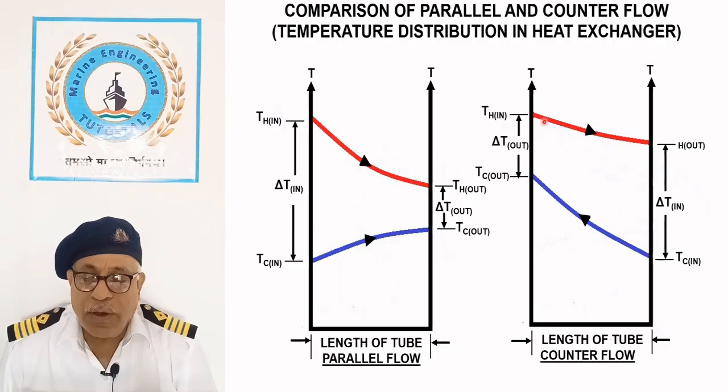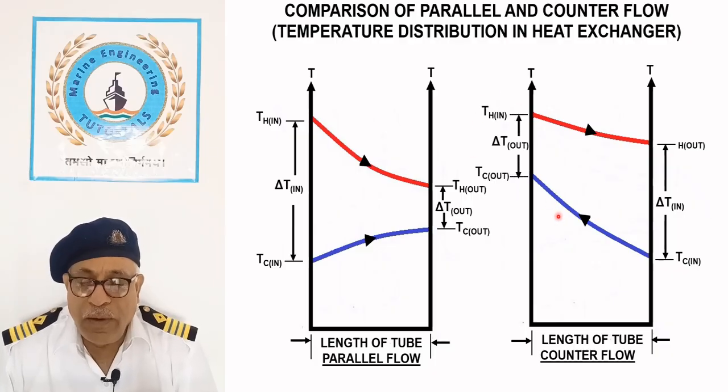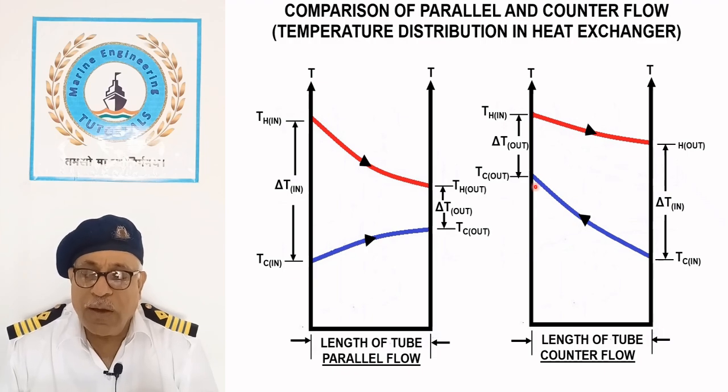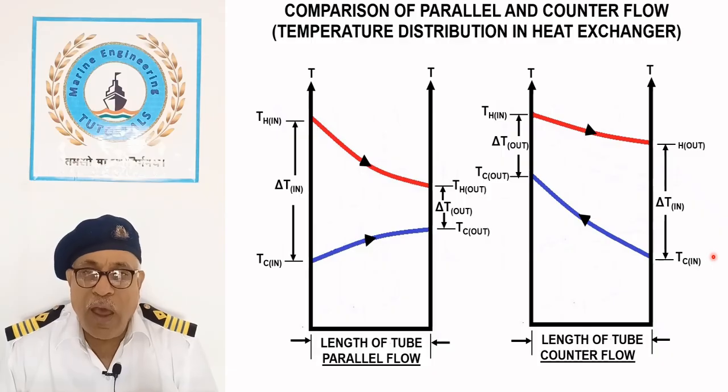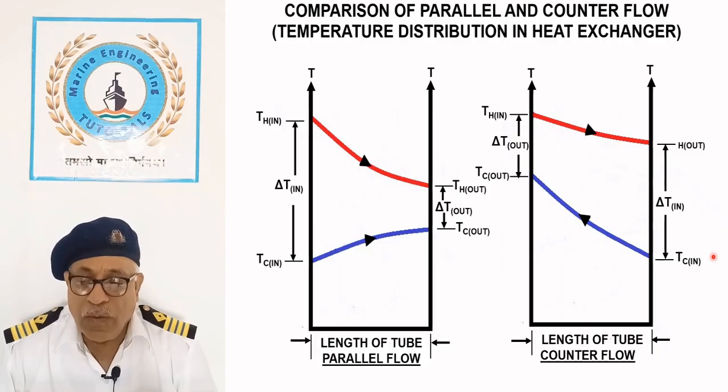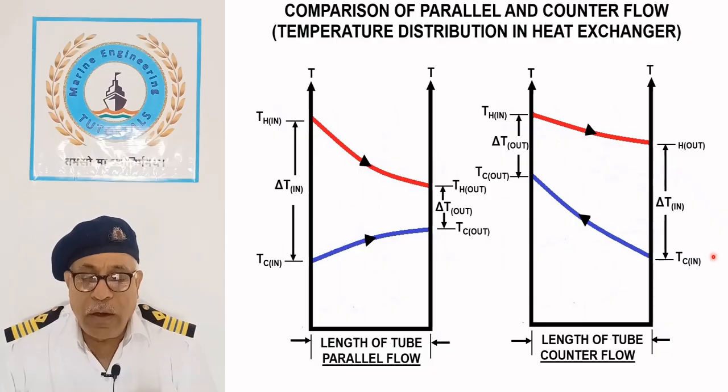The outlet temperature of the cold fluid can approach the inlet temperature of the hot fluid, providing higher thermal effectiveness. However, such designs often lead to higher mean metal temperature, necessitating the use of high-grade materials to ensure structural integrity and durability.